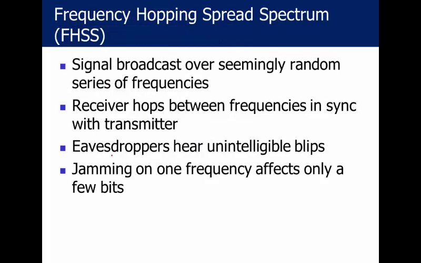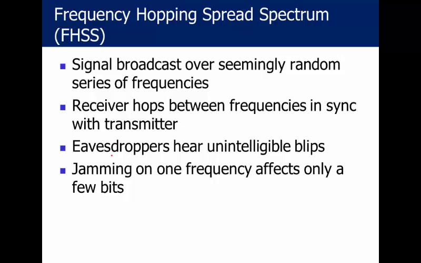So the first way that we can see spread spectrum signal encoding and modulation is frequency hopping. So, frequency hopping spread spectrum.